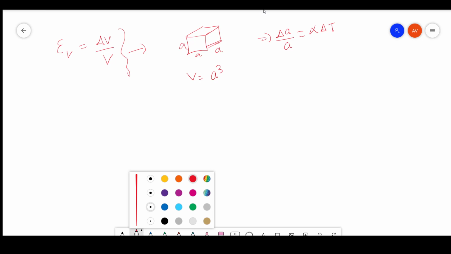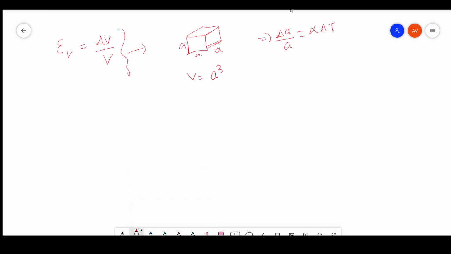If you look carefully, your change in that length can be written like this. That means your new length, let's say A dash, is equal to your original plus delta A, which can be written as A into (1 plus alpha delta T).